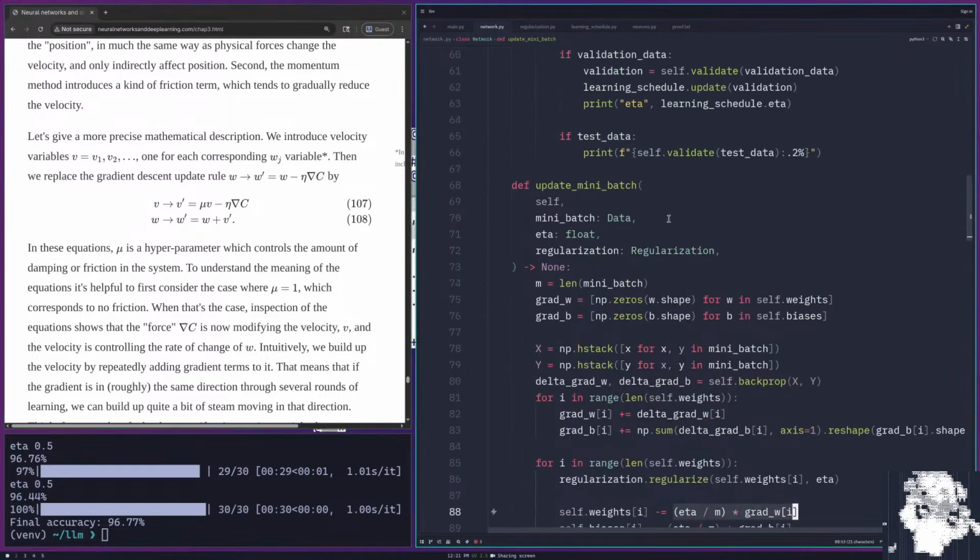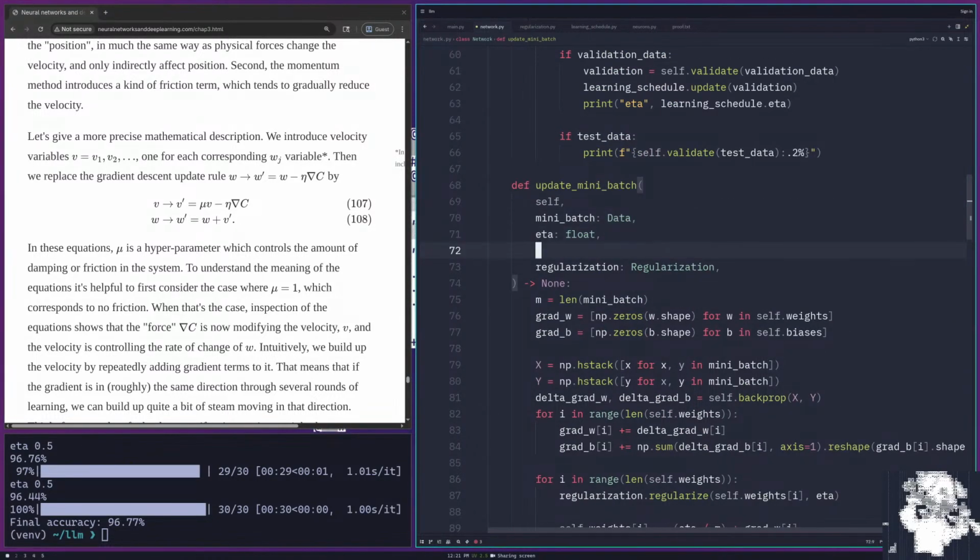Okay, well, I can do this. Mu is a float, right? And this is the coefficient of friction, and this is the learning rate.